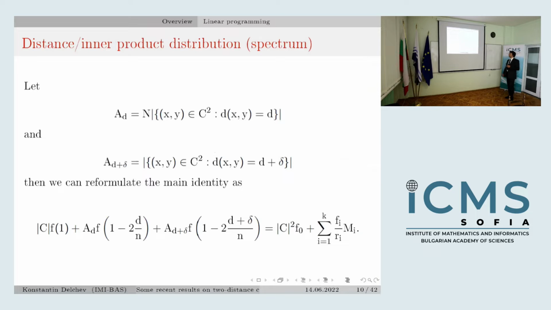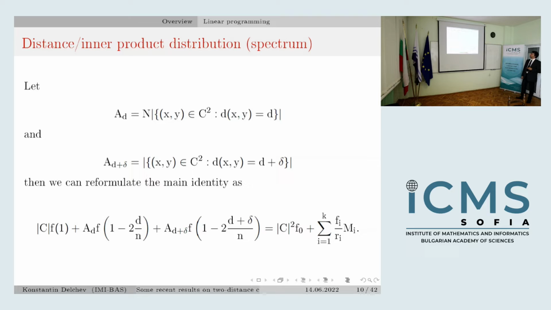Alternatively, we can express all this with the so-called distance or inner product distribution. Naturally, the two of these are interchangeable. We can work either with distance or with inner product. Inner products are slightly more convenient to work with on a technical level, but when you express a given product, distances look slightly better in a line.